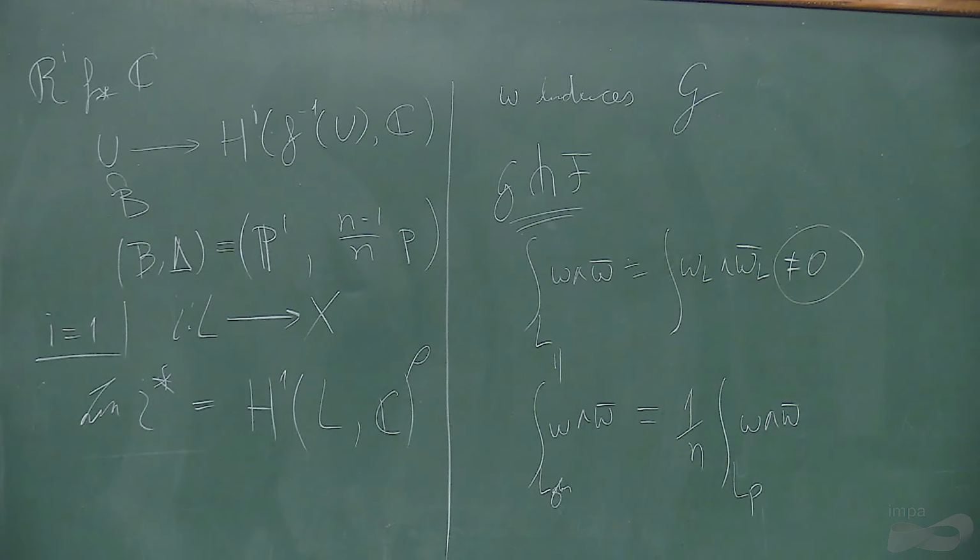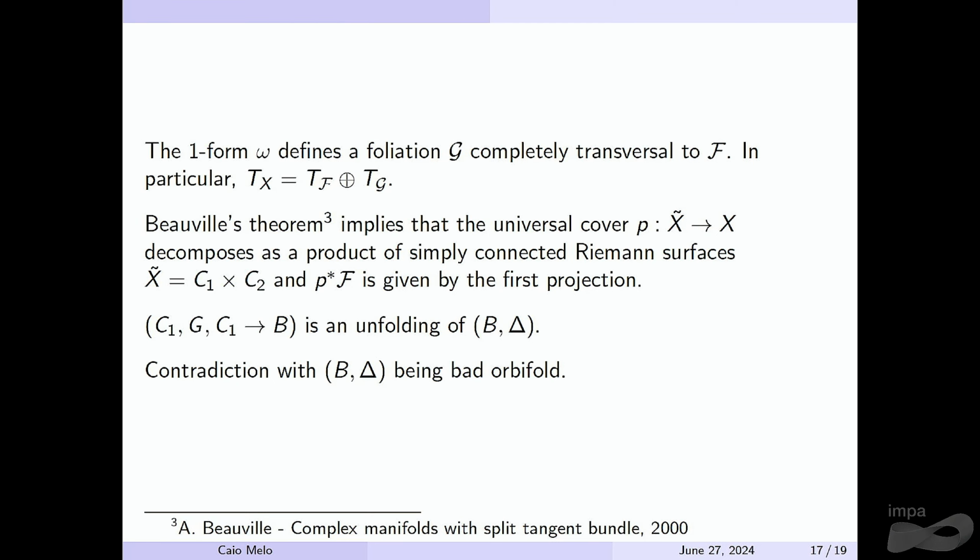And so by Ehresmann's theorem, this implies that we have a split of our tangent sheaf, and so the universal covering of our X must decompose as the product of simply connected curves, and the pullback will be the projection on one of these curves.